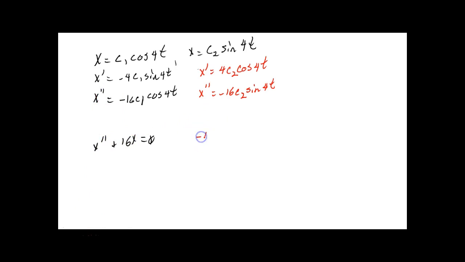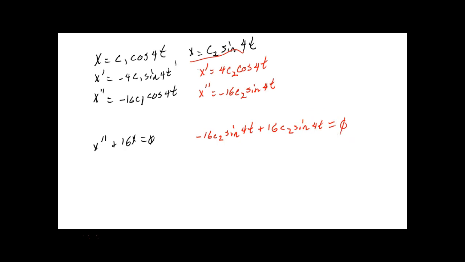Now, let's plug the second one into this equation. That would be minus 16 C2 sine 4t plus 16 times that function, the red one up here, looks black but I underlined it in red, C2 sine 4t, and sure enough, that's equal to 0.